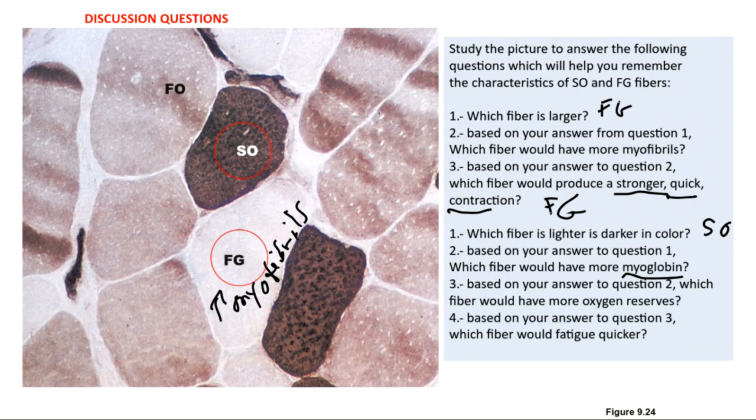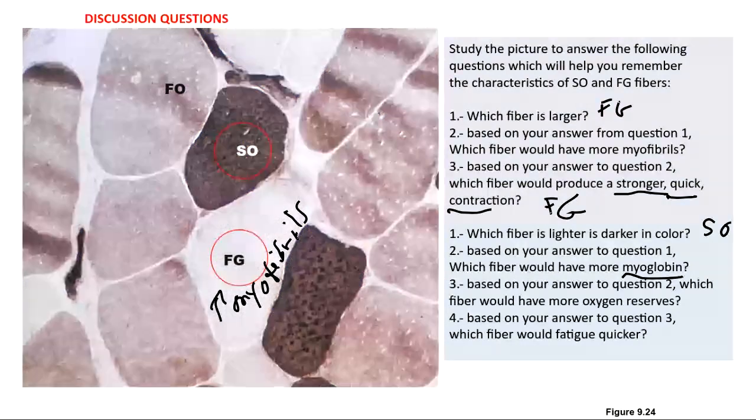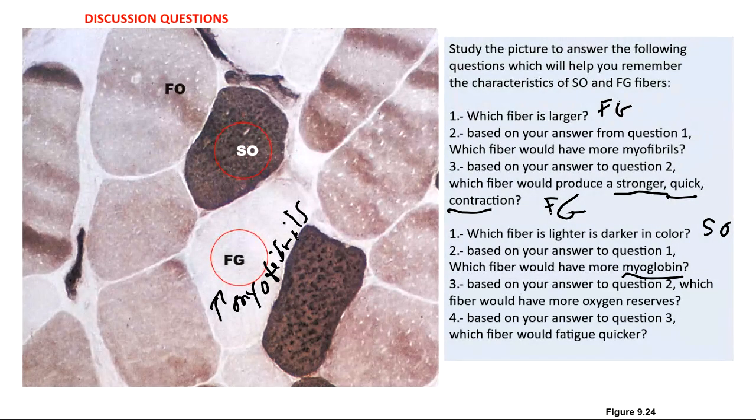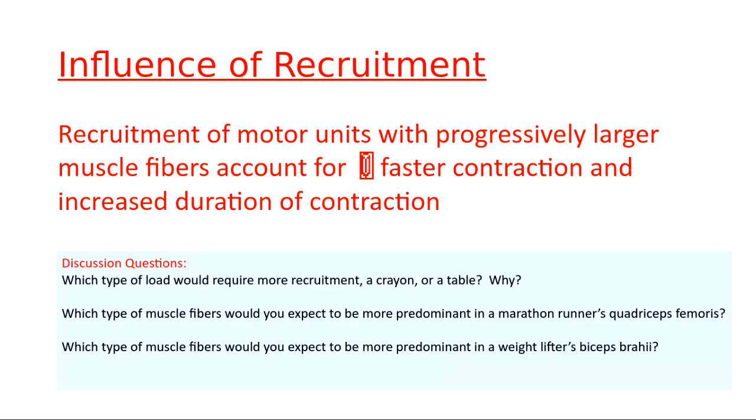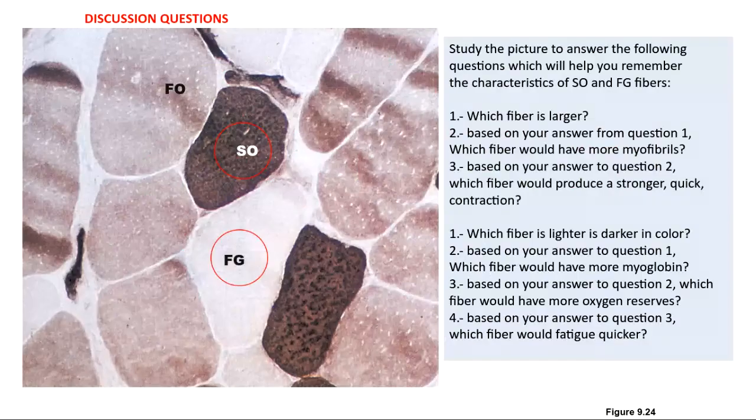Myoglobin is the storage molecule that stores oxygen, very similar to hemoglobin that makes red blood cells red. In this case, myoglobin makes muscle red. So slow oxidative fibers have more myoglobin, which means they have more oxygen storage.